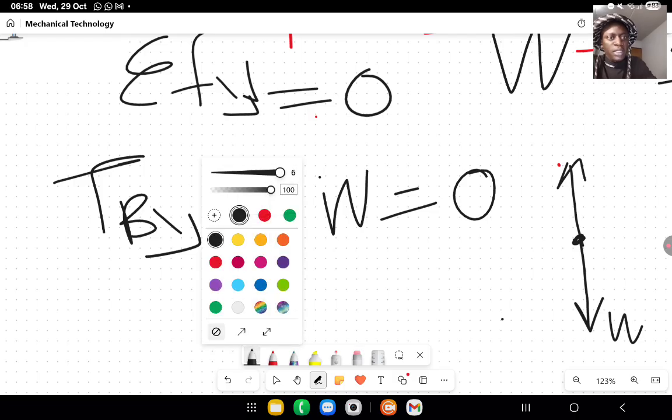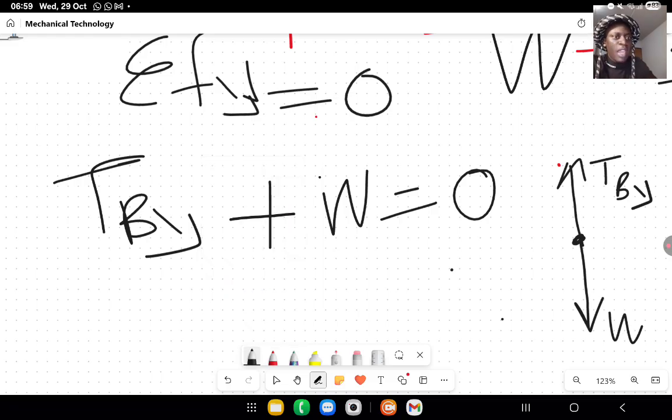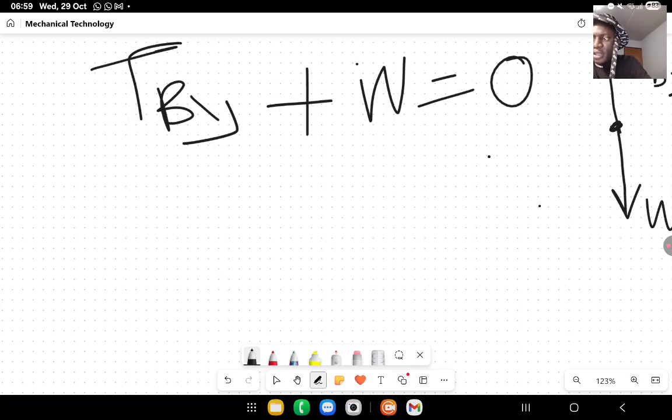But we know that this is TBY. This is weight. That means we are going to equate them. And our TBY is going to be TB sine angle, and our angle is 30.